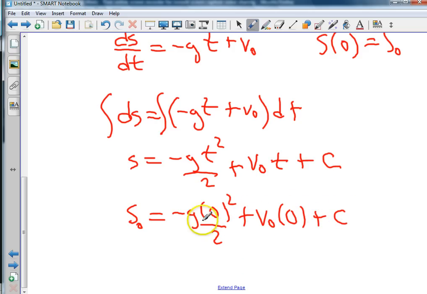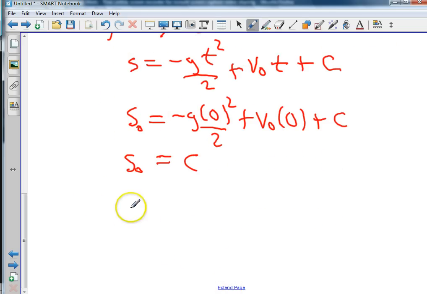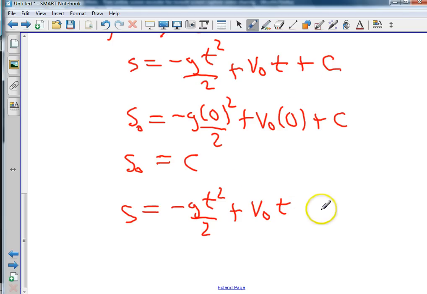So like in the last example, everything drops out, and what's c? S sub 0. So the general Galilean displacement curve is s as a function of t is negative gt squared over 2 plus v0t plus c, which is s0.